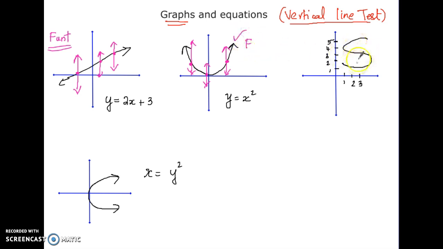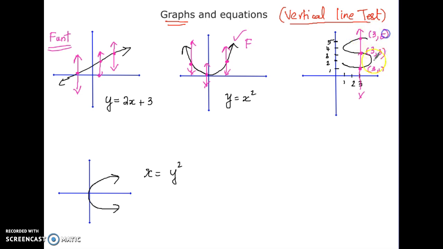Here, in this one, if I try to draw a random vertical line, it's touching at 3 different points. 1, 2, 3. Let's write the coordinates of the first point. That's (3, 1). The second one looks like (3, 3) to me. And the last one, that's (3, 5), right?